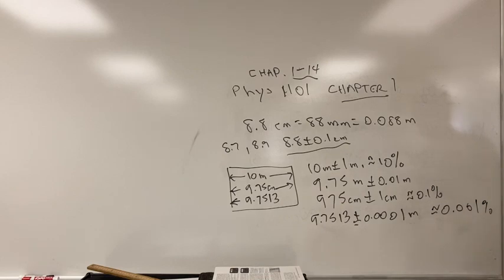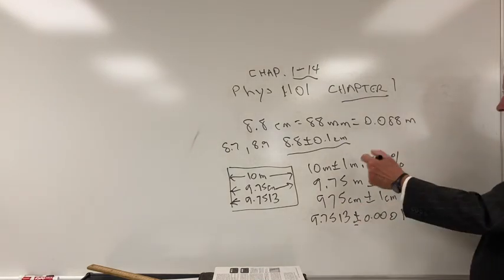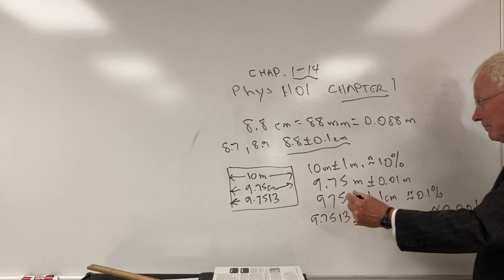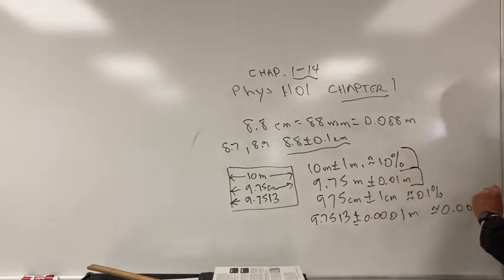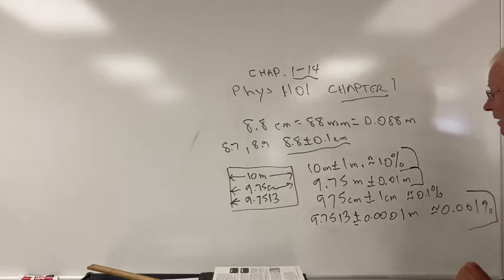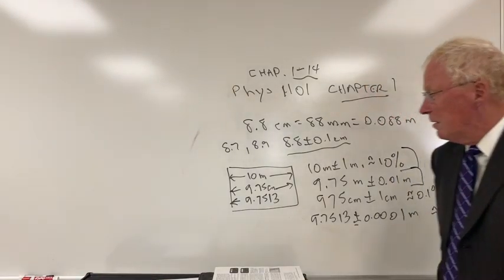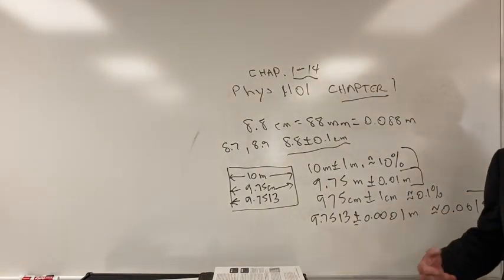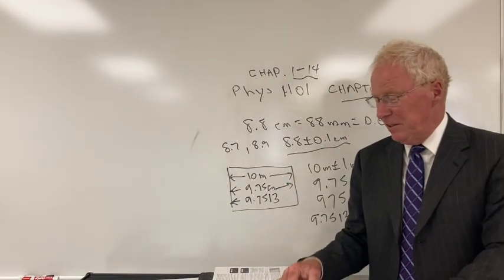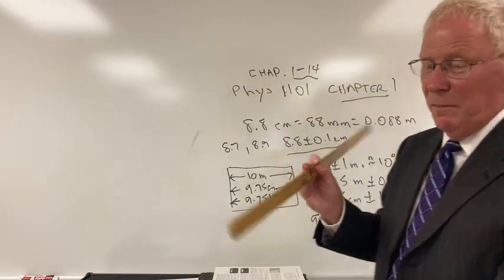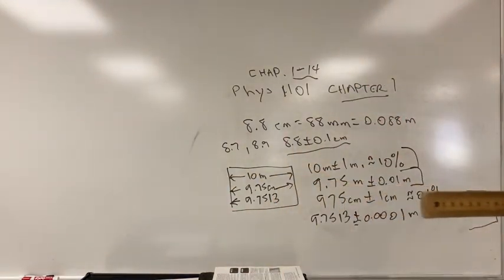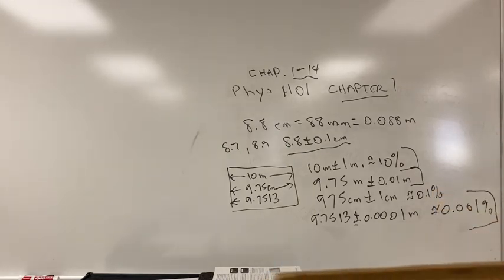So if I look at each of these measurements, they're all ones I have here, this one, and this one. My accuracy then leads to how I did it, making sure my device is calibrated. This particular ruler, part of the problem might be that it could be inaccurate because the end is worn down.